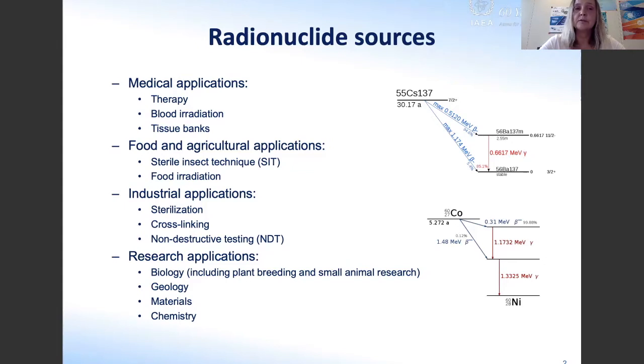For example, they're used in medicine for therapy, for blood irradiation to irradiate tissues. They're used in food and agricultural applications, specifically for sterile insect technique and for food irradiation. They're also used very widely in industrial applications for sterilization of medical devices or cosmetics, for cross-linking of various polymers, for non-destructive testing to study defects of different structures.